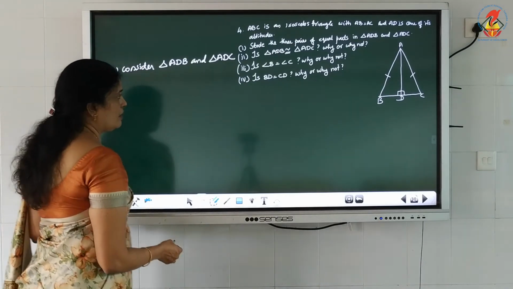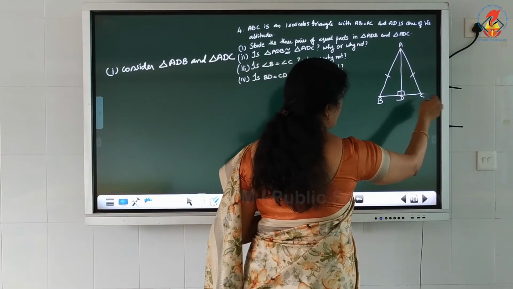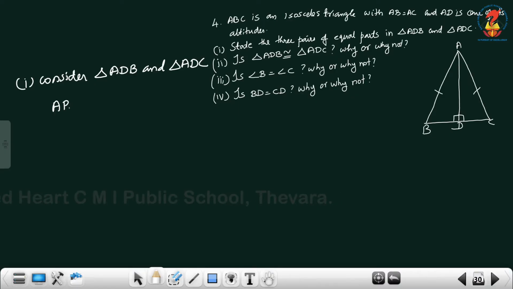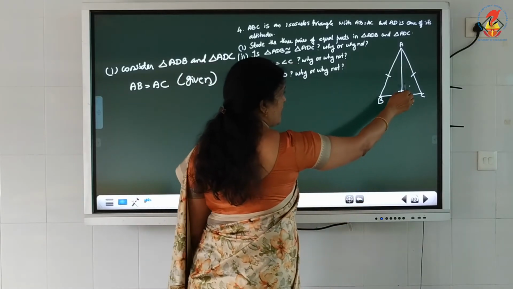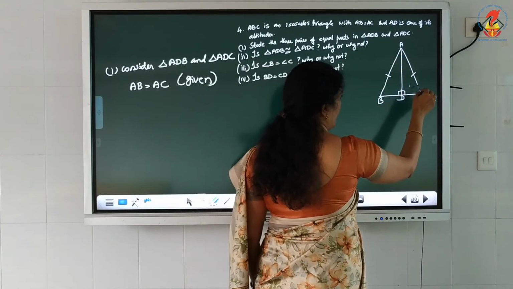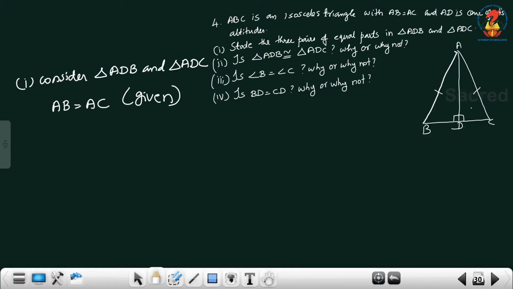First, already given that AB and AC are equal. What's the reason? Triangle ABC is an isosceles triangle. First you can write AB equal to AC. Reason: given. Otherwise you can write triangle ABC is an isosceles triangle. Here AB and AC represent the hypotenuse of these two triangles. Next, AD is the common side of both the triangles.